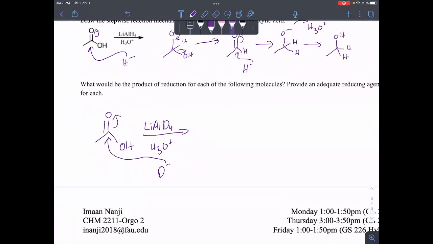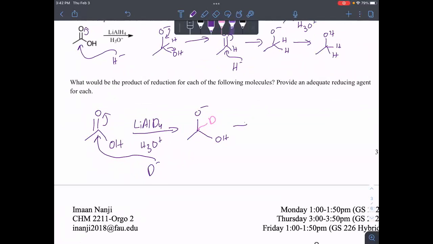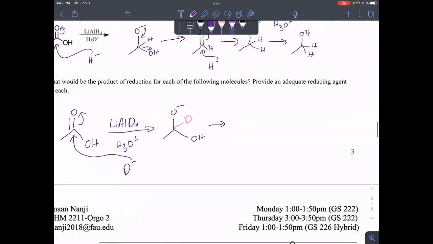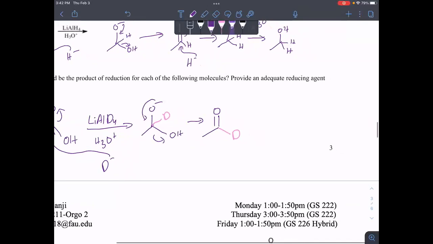And then in the second step, the double bond reforms and kicks off the leaving group. And then we get another D minus to come in and do the attack again.